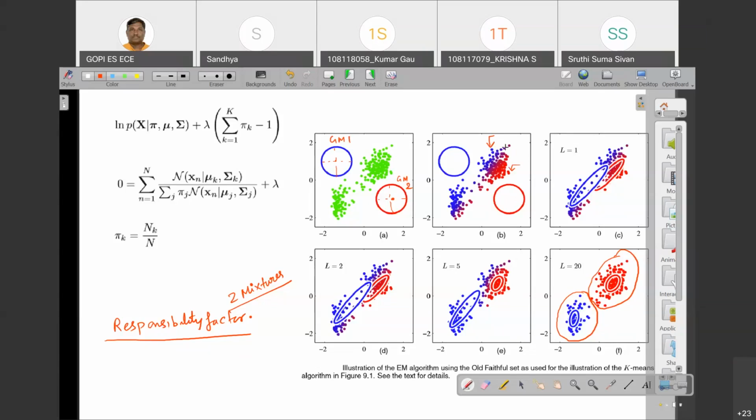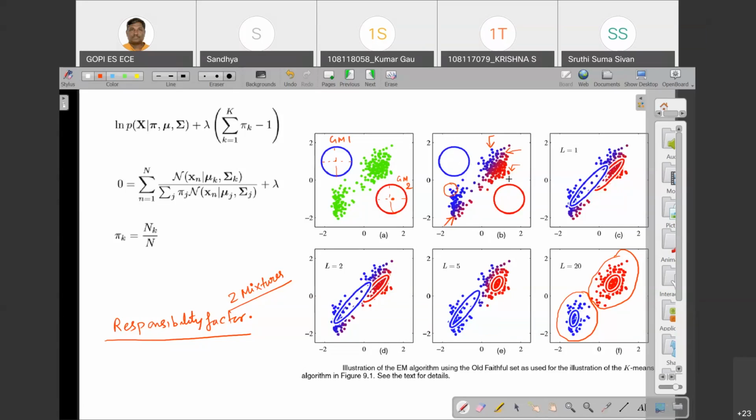But whenever you see a mixture color somewhere in the middle, a combination of red and blue in different shades, in those places both are responsible for generating those vectors. So that responsibility factor is getting shared. Otherwise, if it is pure blue, mixture model 1 is purely responsible for it. If it is purely red, this model is responsible for it.